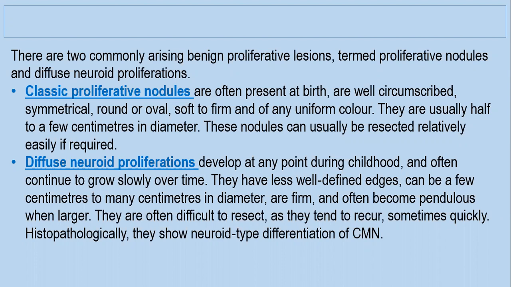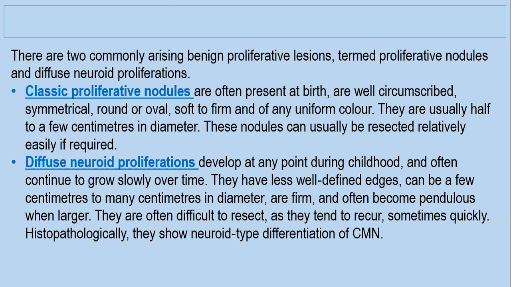Then the other proliferative lesion is diffuse neuroid proliferation, which develops at any point during childhood and continues to grow slowly over time. It is less well defined, a few centimeters to many centimeters in diameter, firm, and often becomes pendulous when large. They are difficult to excise as they tend to recur, sometimes quickly.